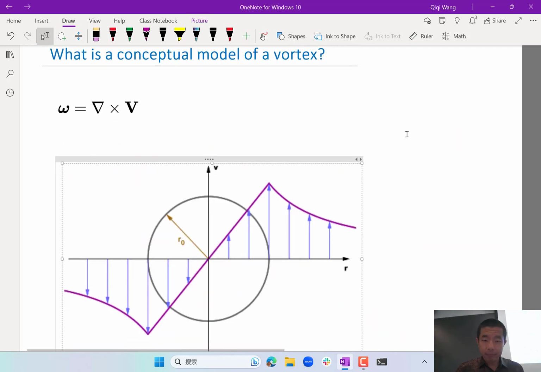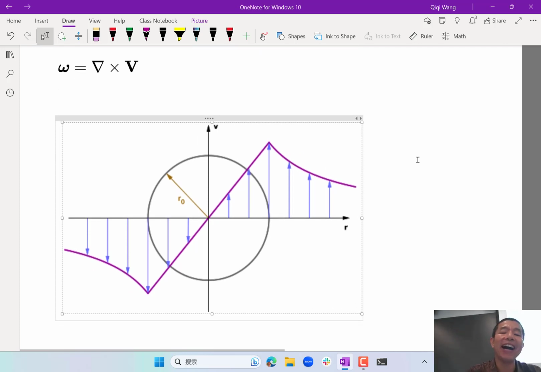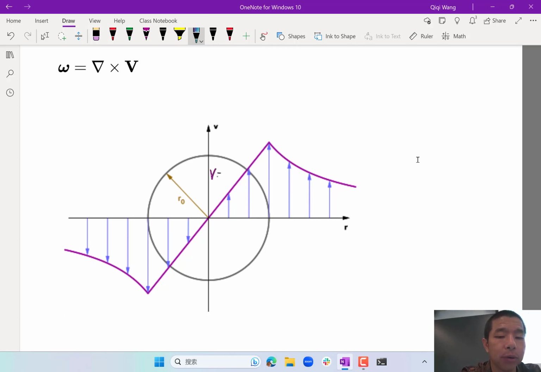Okay, here's a conceptual model of a vortex that does not have the singularity. Inside this radius R0, the velocity is 1 over 2 pi times gamma, which is the strength of the circulation, times R over R0.